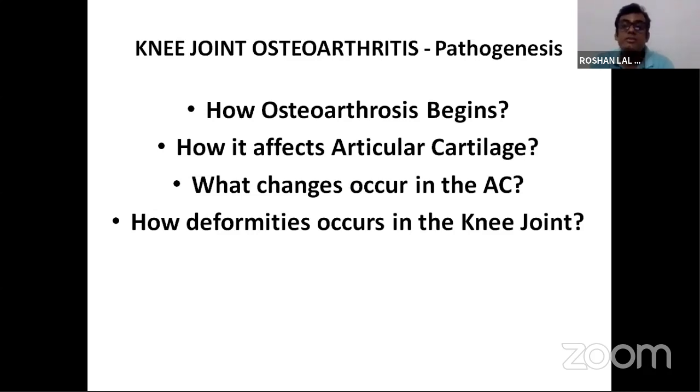To answer all these questions, first we should understand what articular cartilage is, because osteoarthritis is a disease of cartilage. Whatever changes occur, the initial changes will be seen in the cartilage, and then because of this cartilage destruction, we can see changes and deformities in other structures. So we should understand what cartilage is.